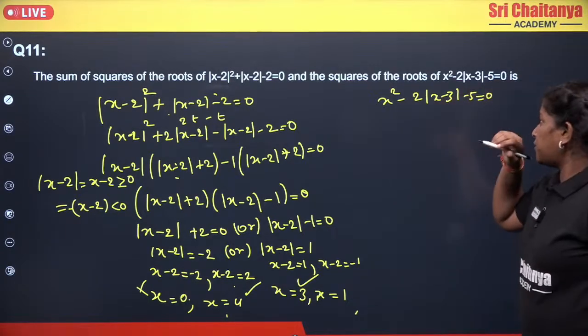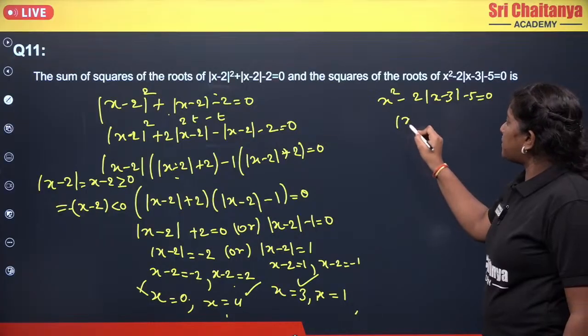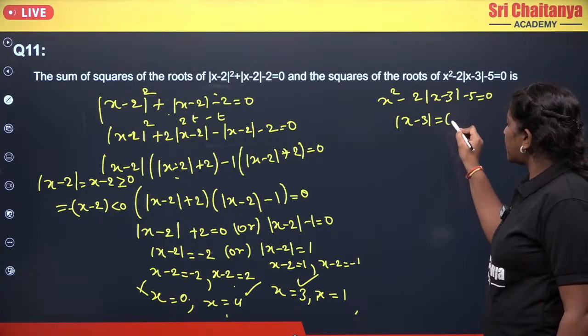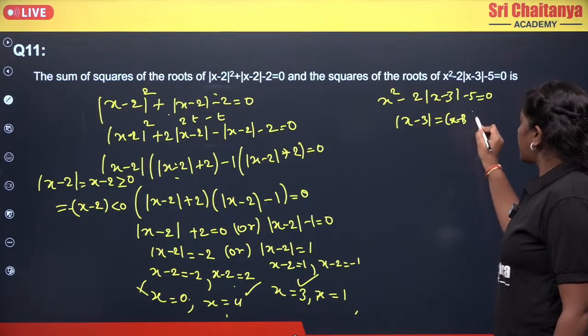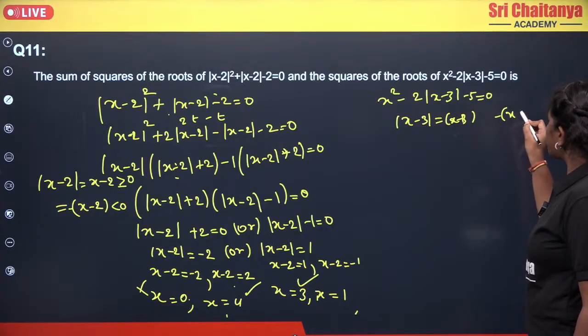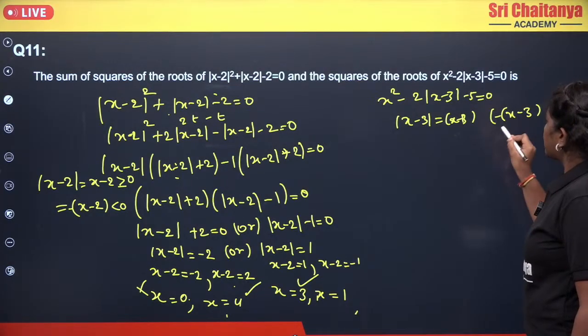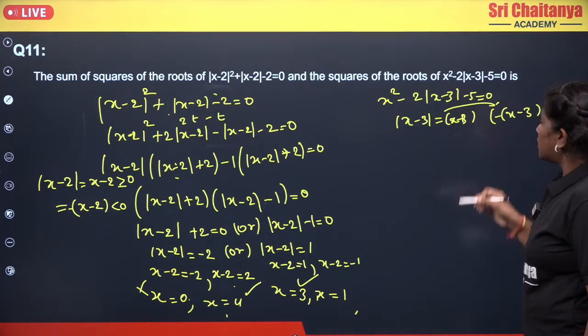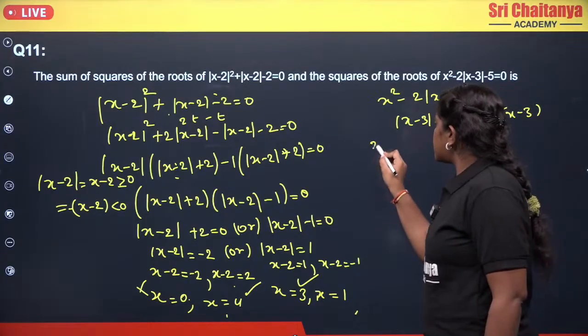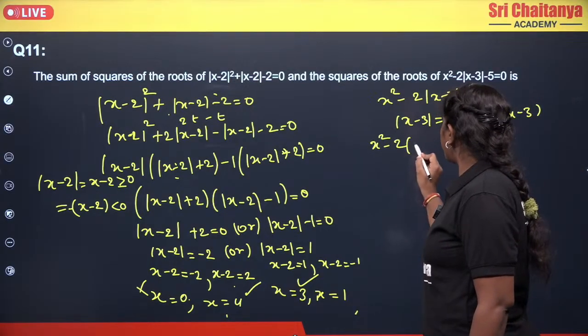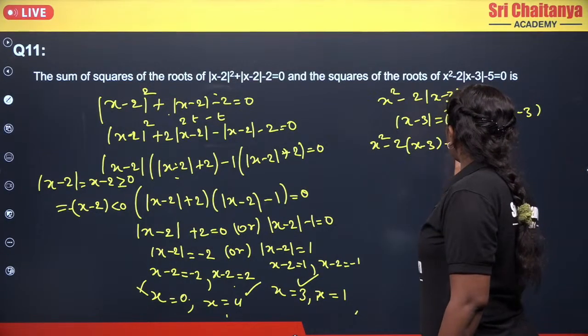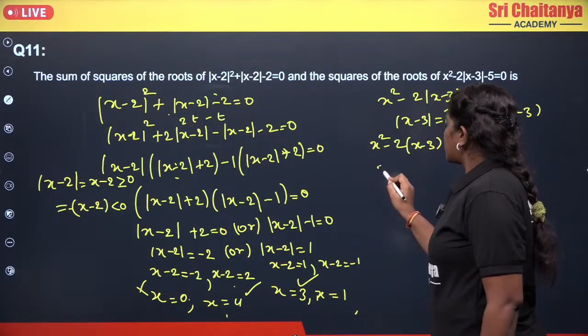Now coming to here, the same mod x minus 3, sometimes you can take plus x minus 3 and you can take it as minus of x minus 3. Okay, there are 2 possibilities. So let's take our plus x minus 3, so that becomes x square minus 2 into x minus 3 minus 5 equals 0.